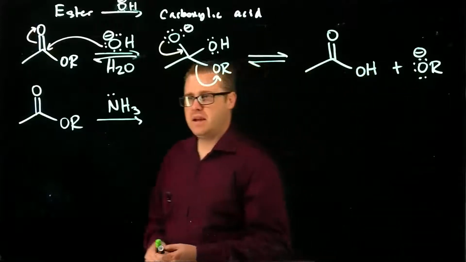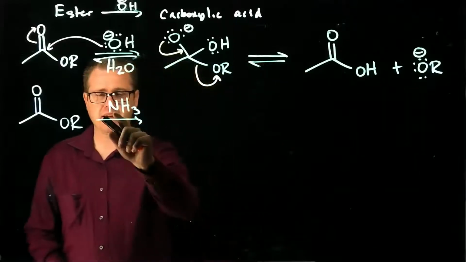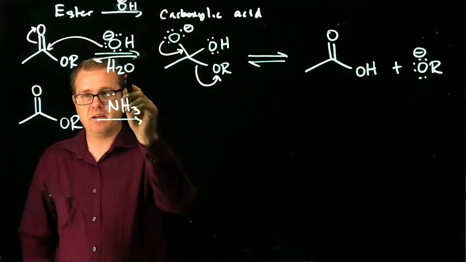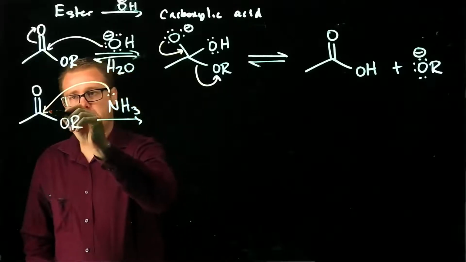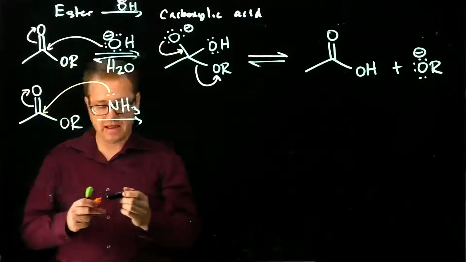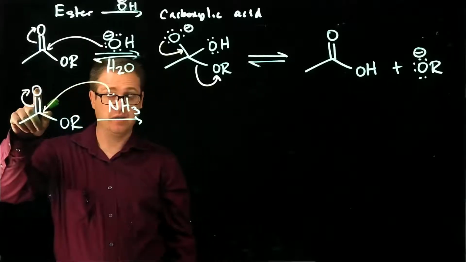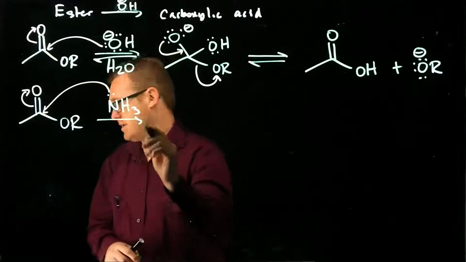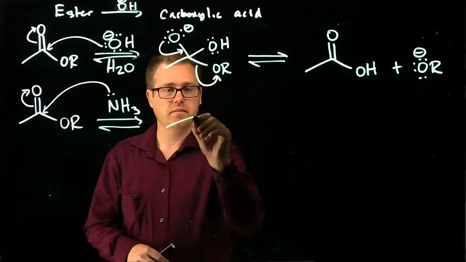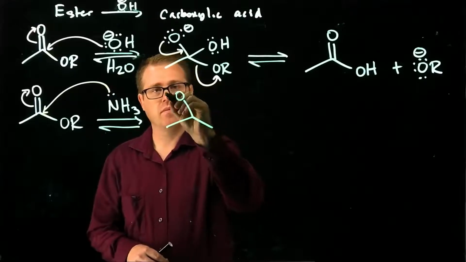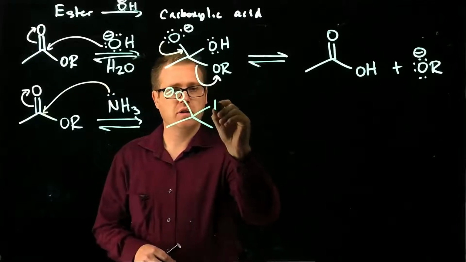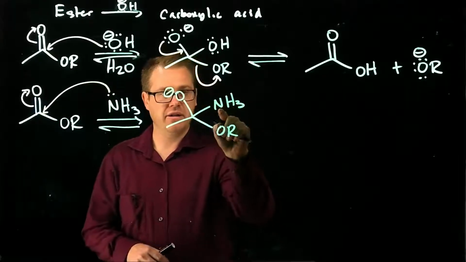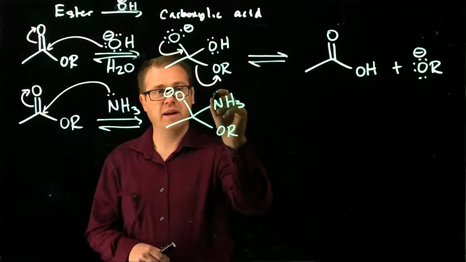When you have amines, they're basic and very nucleophilic. So it is okay to take an amine and attack the carbonyl directly without having to protonate the carbonyl oxygen. So you would get an intermediate that looks like this. Negatively charged, a nitrogen with 3 hydrogens.